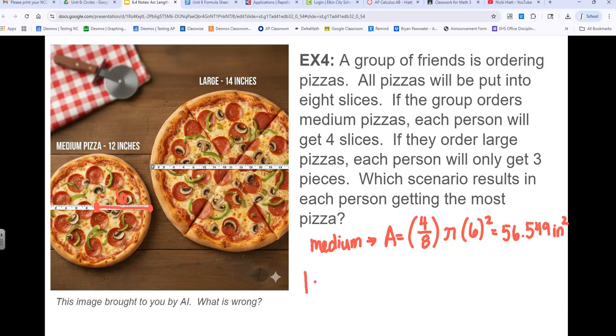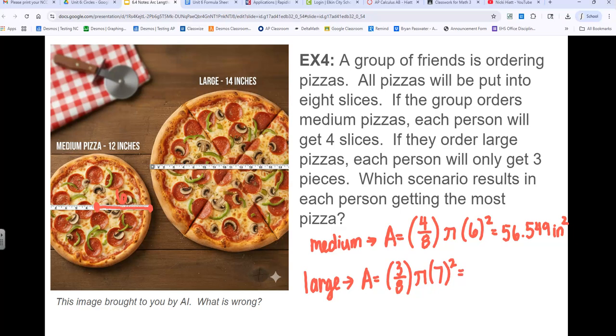If we have the large pizzas instead, we would have only 3 out of 8 slices, but my radius would be 1 inch longer because a large has a radius of 7 inches.